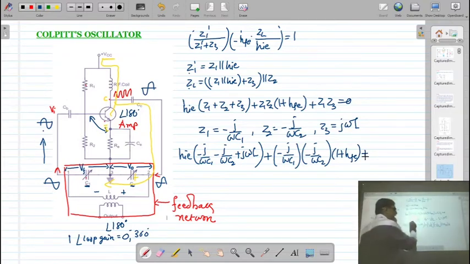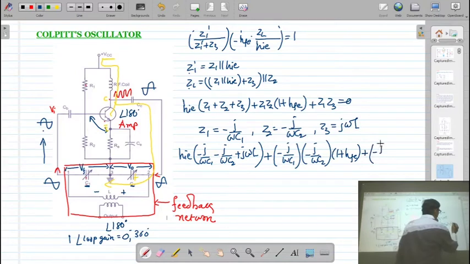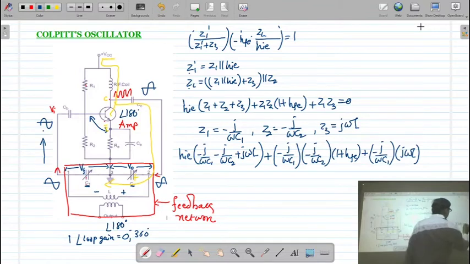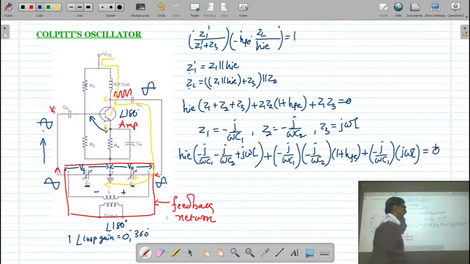What is Z1? It is minus j by omega C1, and what is Z3? It is j omega L, and that is going to be equal to 0. So simply we are replacing the values of Z1, Z2 and Z3. Correct?